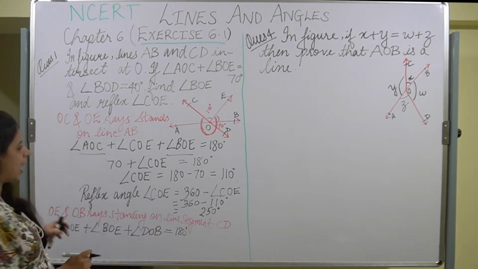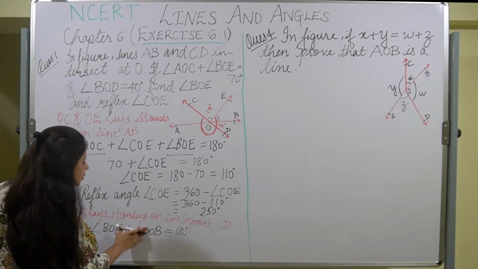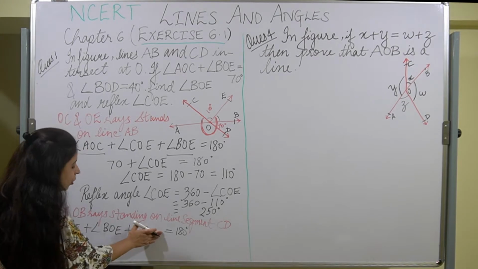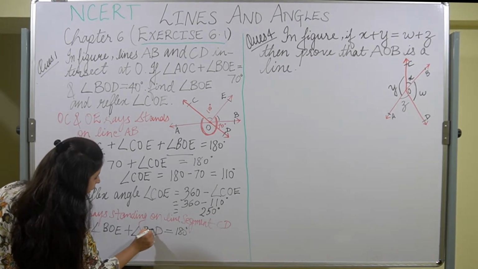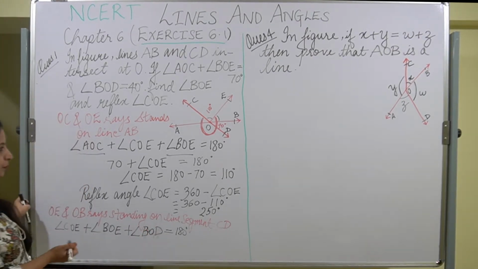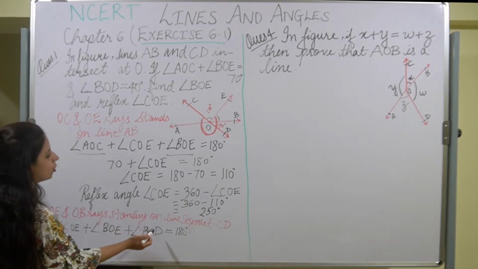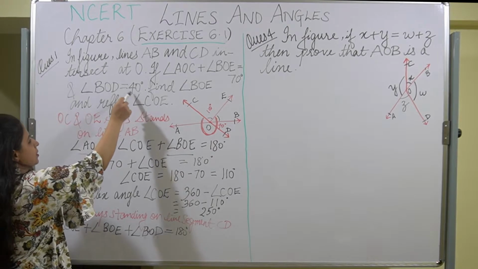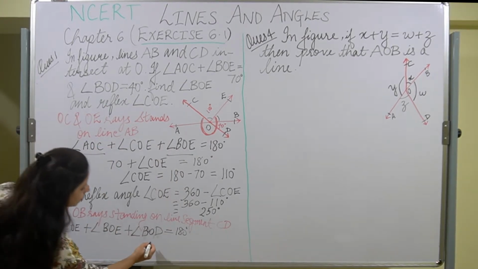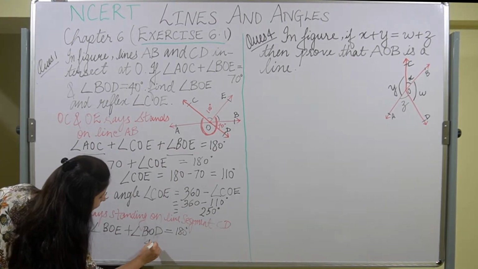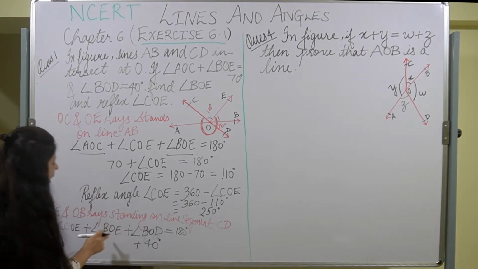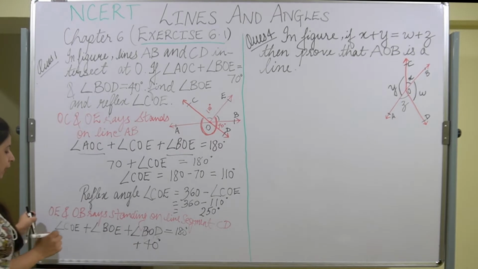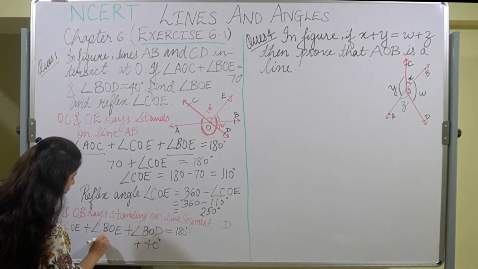You can write it in any way, BOD or DOB, it is one and the same thing. Angle BOD is already given to us in the question as 40 degrees, so I put 40 degrees over here. Angle BOE I have to find out.